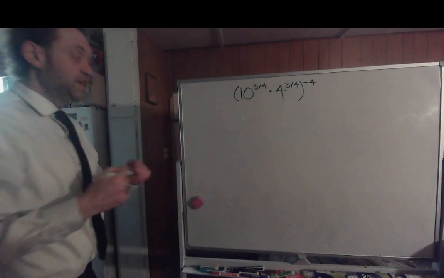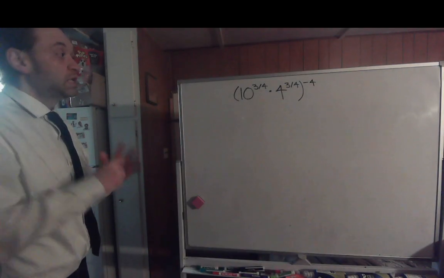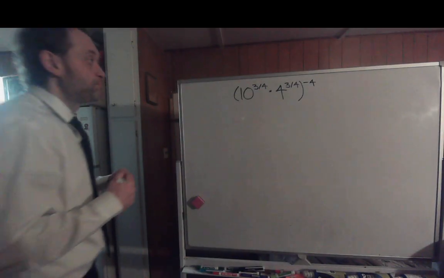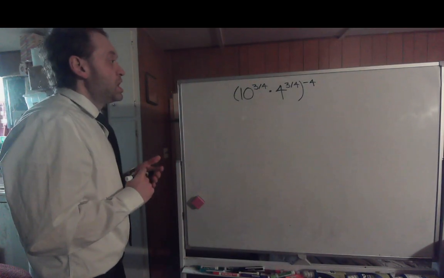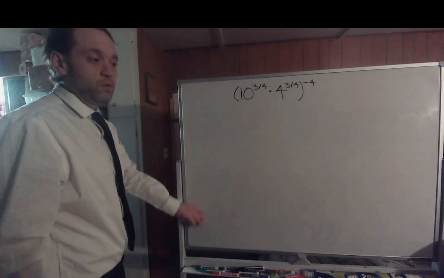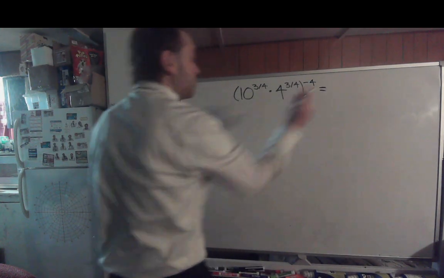And you're probably thinking, yikes, what are we into? Well, clearly we don't have the same base. Well, at least not yet. Are there any similar factors between 10 and 4? Well, there's 2, right? So here's what we're about to do.